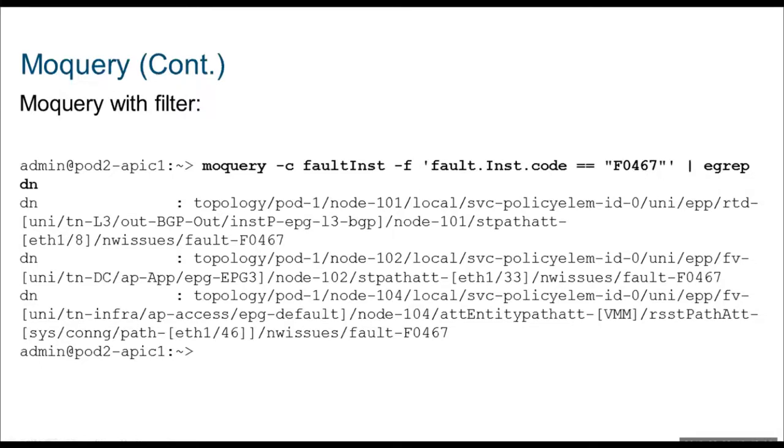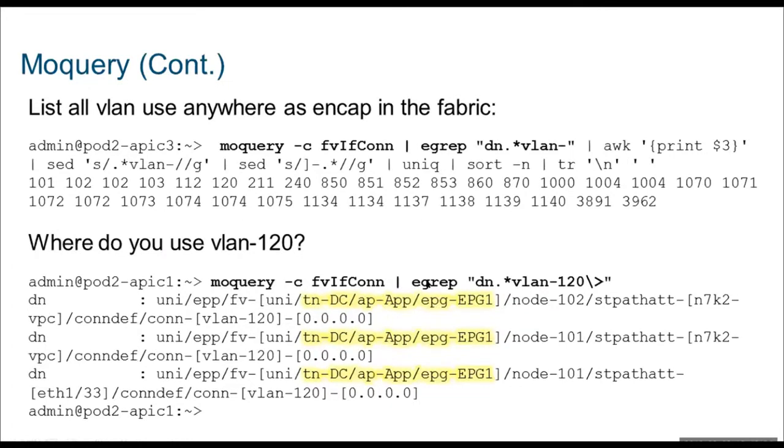Okay. And of course they have egrep'd it. Show me the concerned DN. Another one right there with an egrep. Show me the class for, it's actually doing a class of VLANs.